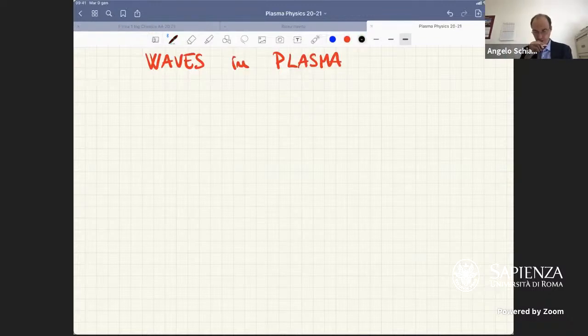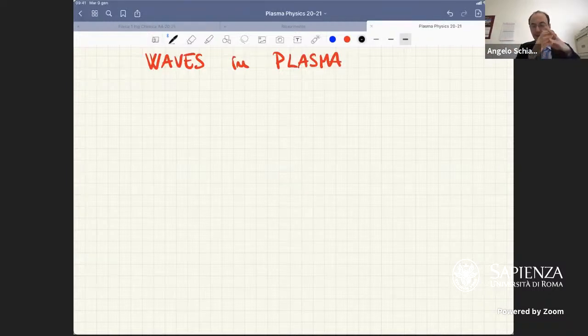Now we want to understand what the phenomena are that lead to wave propagation in the plasma. So we need the dynamical quantities that are going to evolve as a wave, and we need dynamical equations that connect these different quantities together.